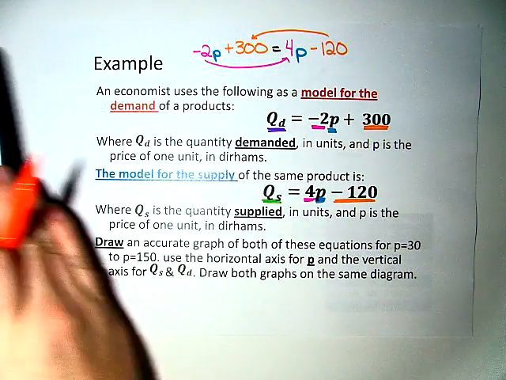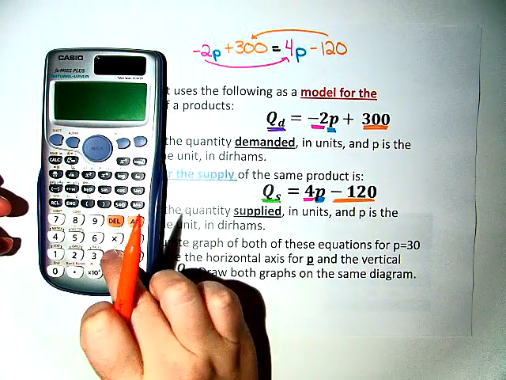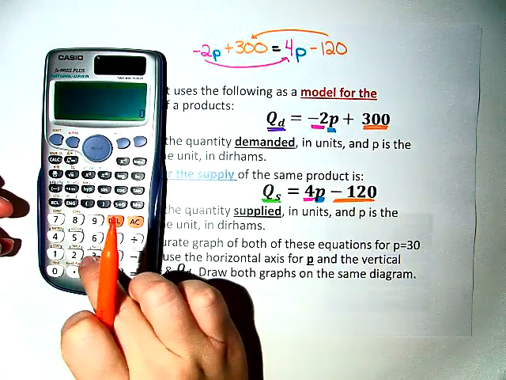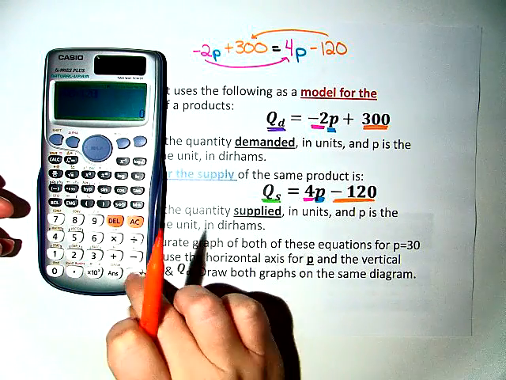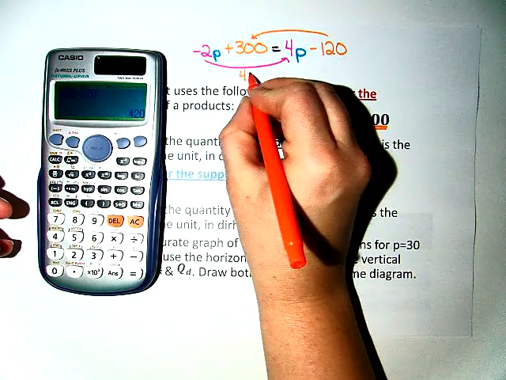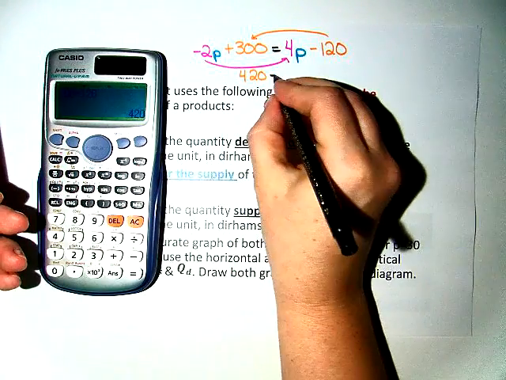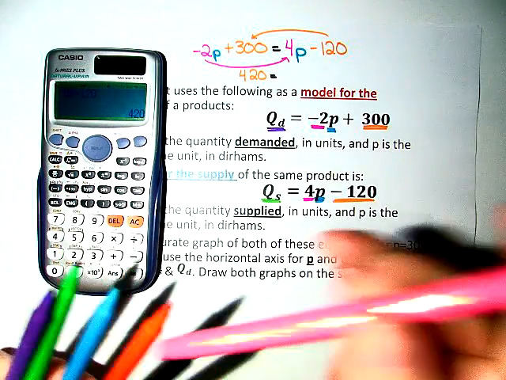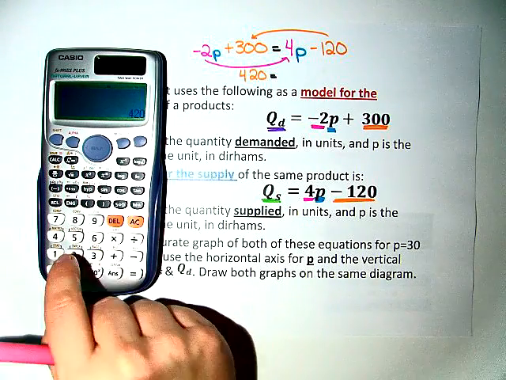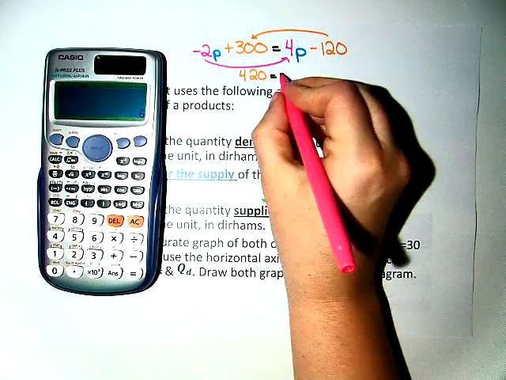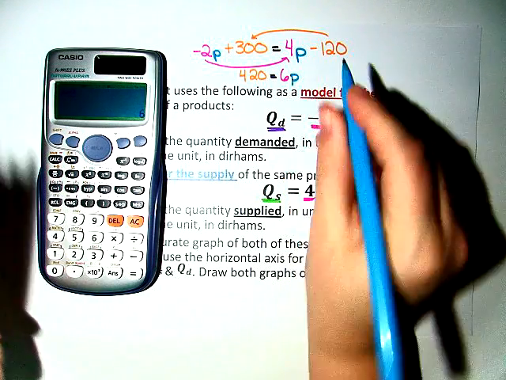So what you have is 300 plus 120, and we get 420 equals. Now we have positive 4p, and when the negative 2p moves over, it becomes a positive 2p, equals 6 times the number of products.